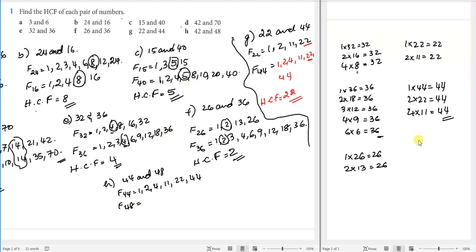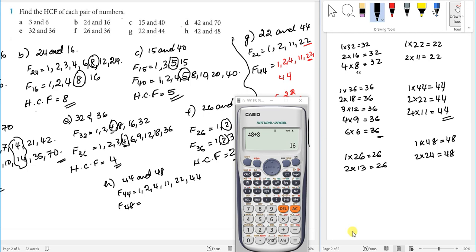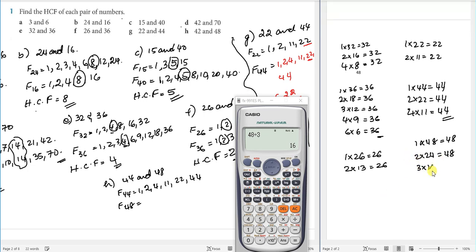No. Okay, so 1 times 48 is equal to 48. 48 divided by 2, 2 times 24 is equal to 48. 48 divided by 3, 3 times 16 is equal to 48. 48 divided by 4, 4 times 12 is equal to 48. 48 divided by 6, 6 times 8 is equal to 48.